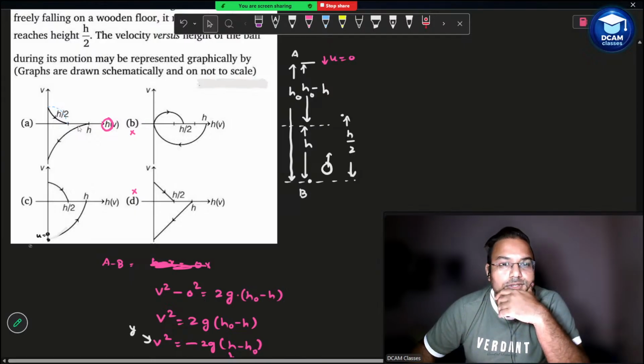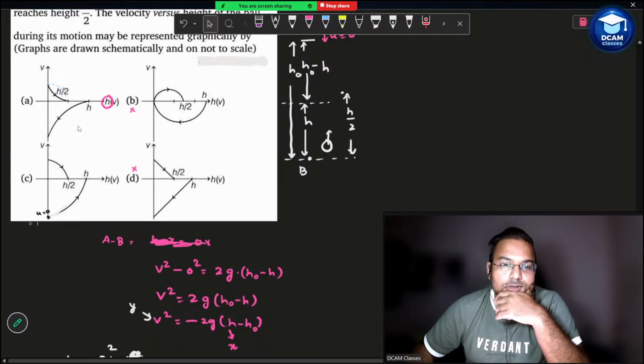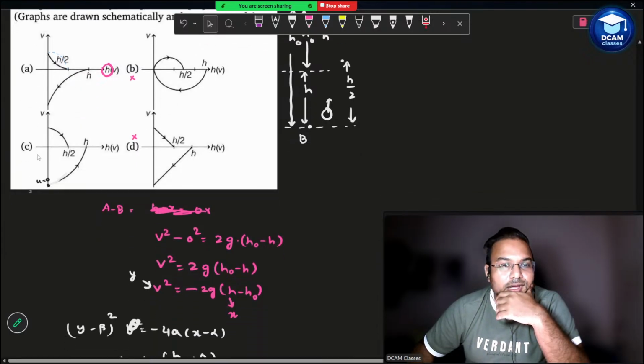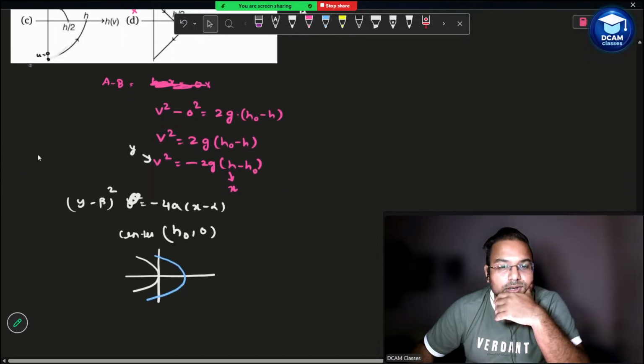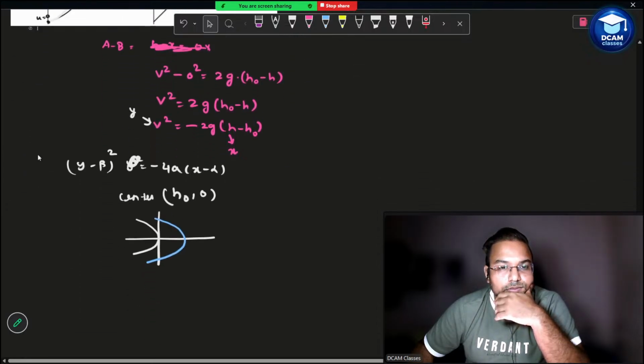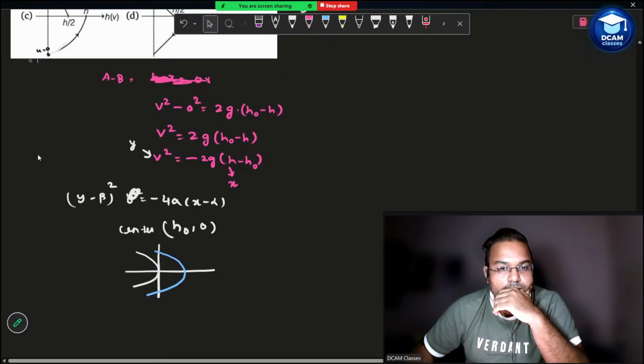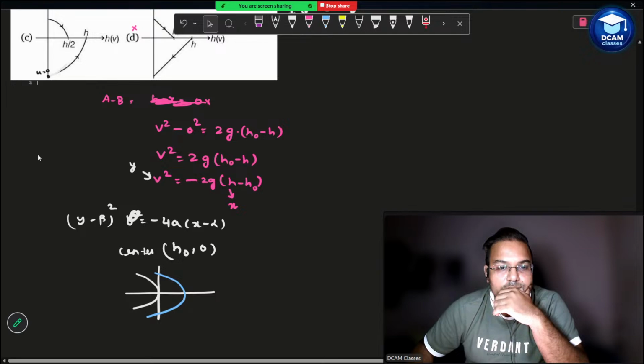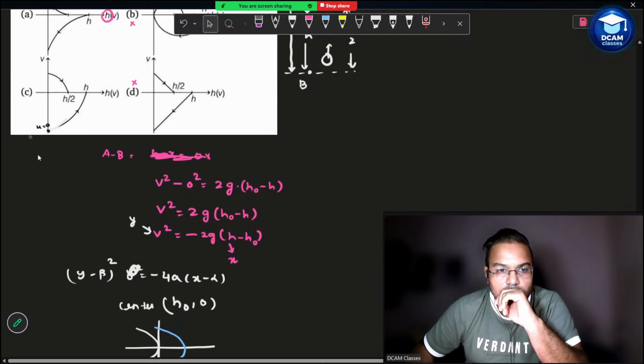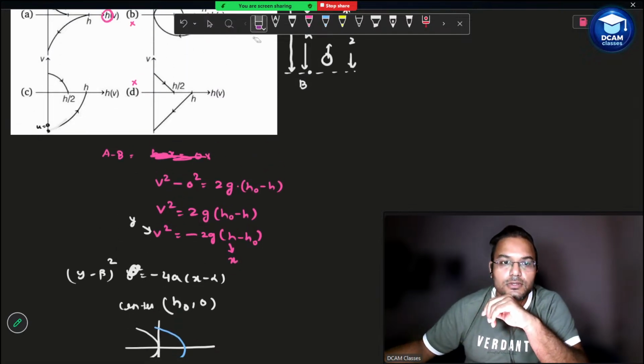Graphs are not to scale. Initial velocity was 0. Even graph A and graph B should not be correct. Graph C should not be correct. V versus H. Okay. Correct. Sorry.